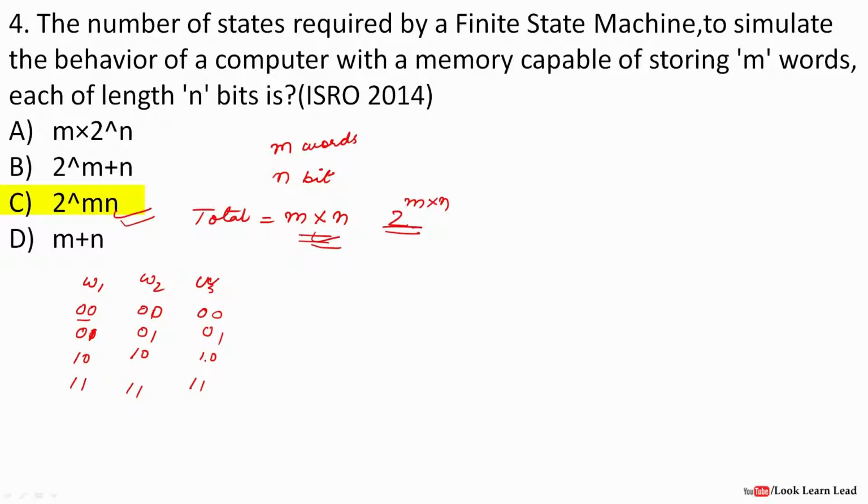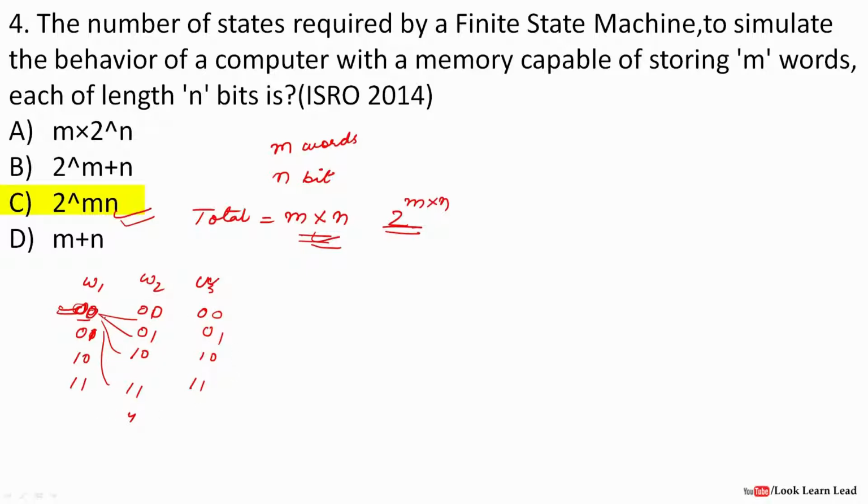Now let's see how. For the first 00 combination of word 1, it can be combined with each of these, that is 4 times.